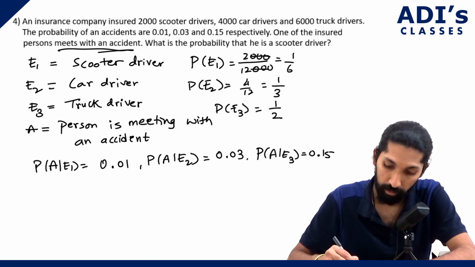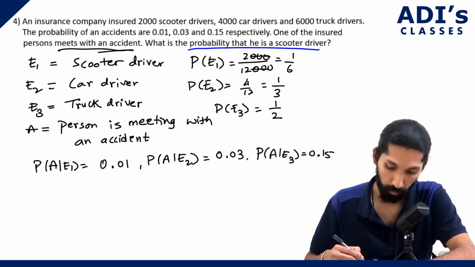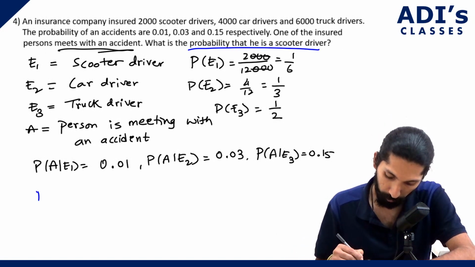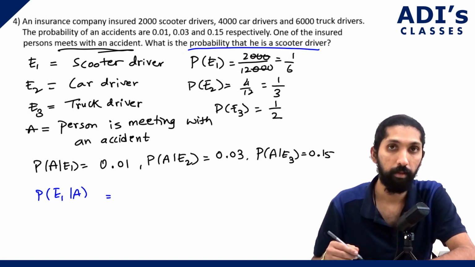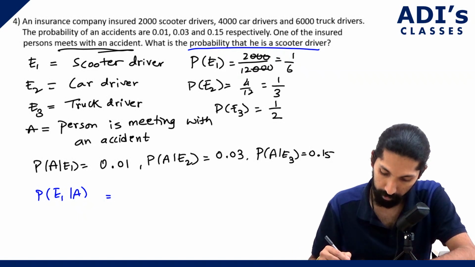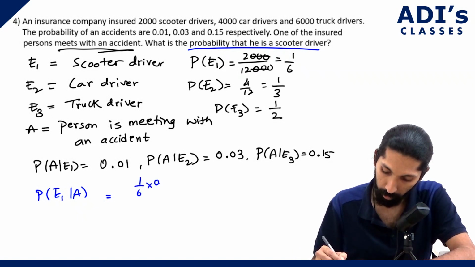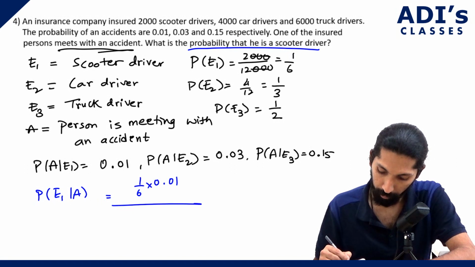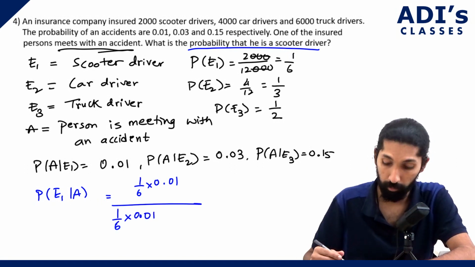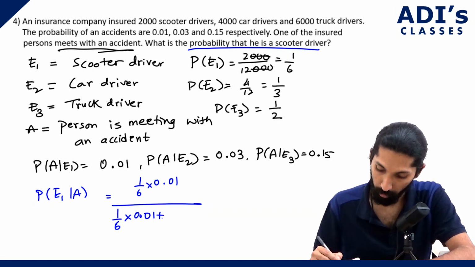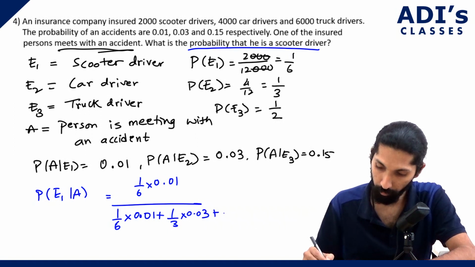The probability that he is a scooter driver. So we need P of E1 given A. Right? So P of E1, 1 by 6 into 0.01 divided by 1 by 6 into 0.01 plus 1 by 3 into 0.03 plus 1 by 2 into 0.15.